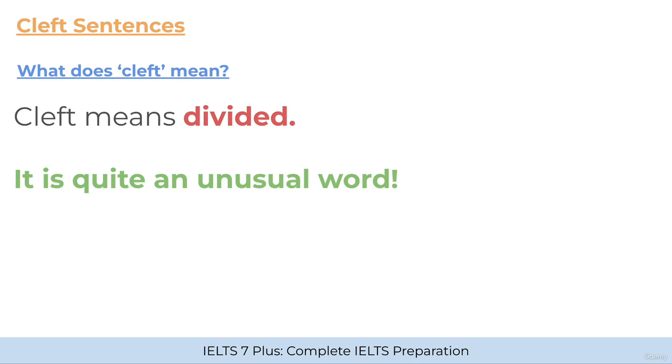But apart from that, we use it with this grammar aspect and a chin, and that's about it. So it's very unusual and it's interesting. It's probably something that you'll remember because it's so unusual. We can think of sentences being sort of divided, if you like. So we'll bear that in mind today.